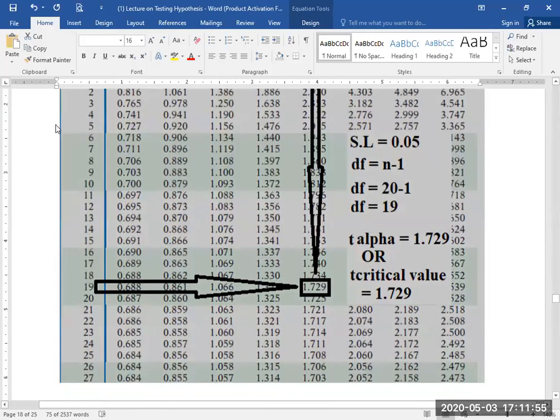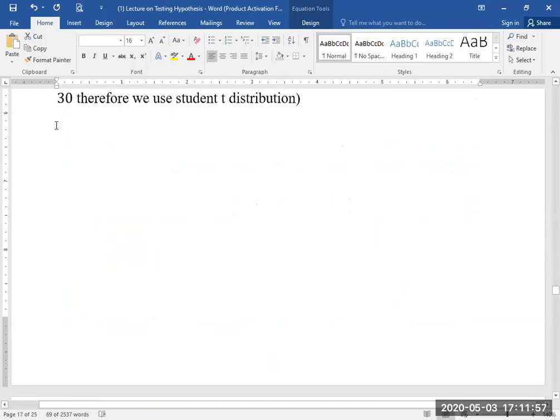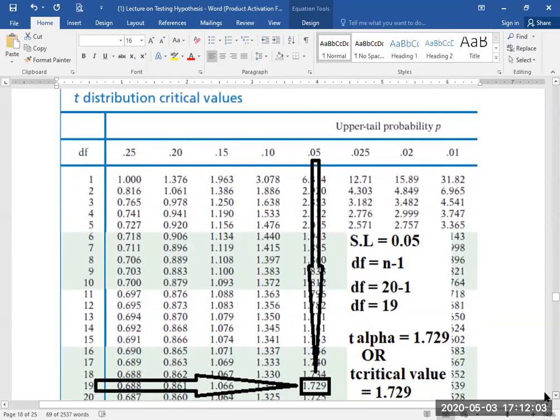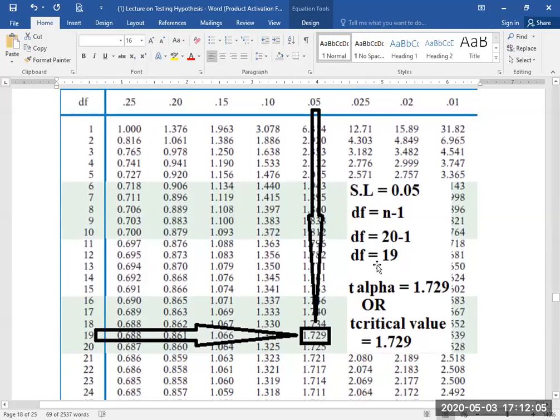Now, students, I am going to calculate the critical value from the T distribution table. Students, it was given that the level of significance was 0.05. From 0.05, and the degree of freedom. Degree of freedom is what? Degree of freedom is a parameter of the T distribution.